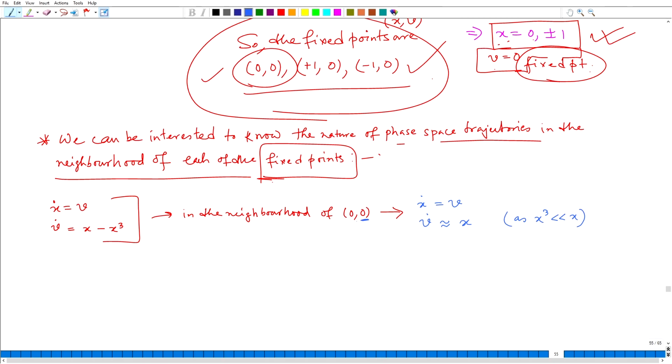It is very close to the 0 0 point, both x and v are very small.